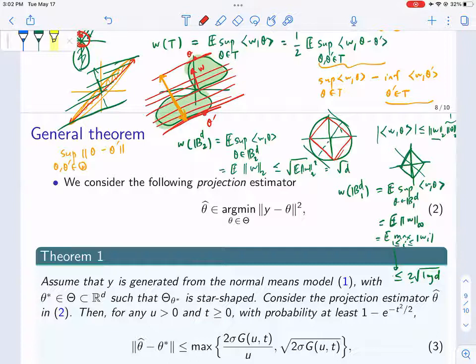You can see in this direction the width is slightly smaller, and the worst case is this direction, where they have the same width as the L2. But in high dimensions, this point is much closer to the origin than, for example, this point. This point is at distance 1, while this one is like 1 over d, 1 over d, 1 over d.